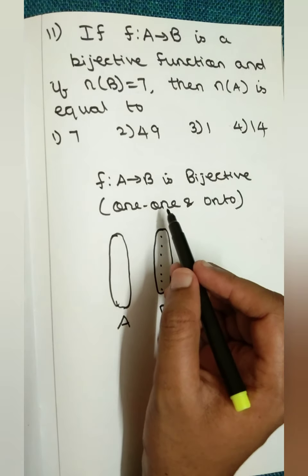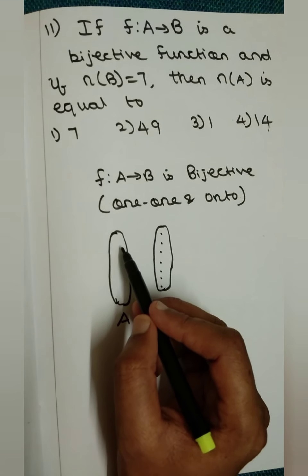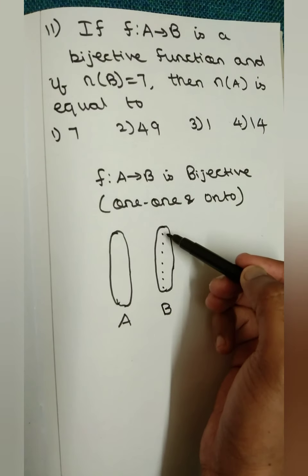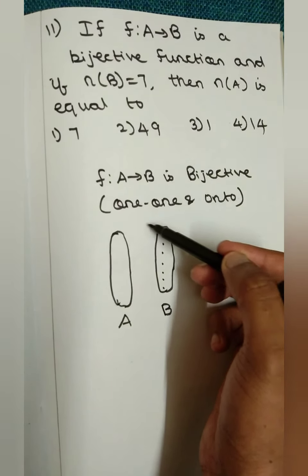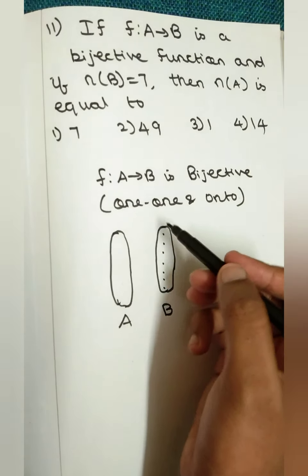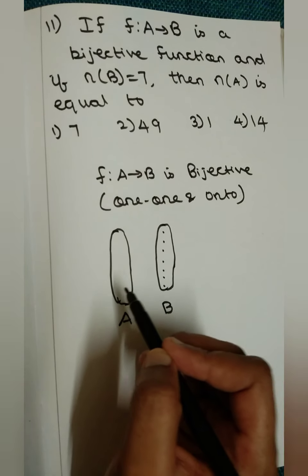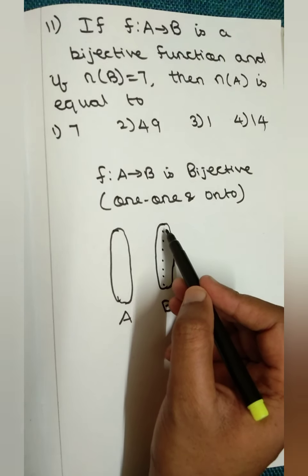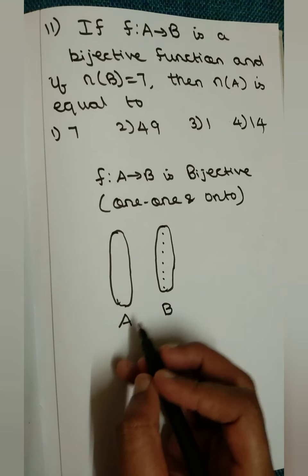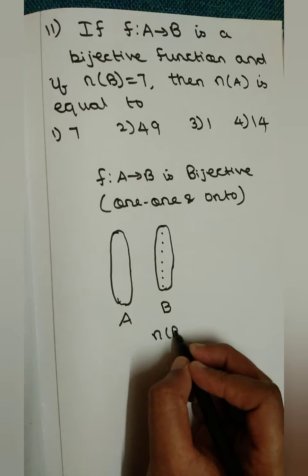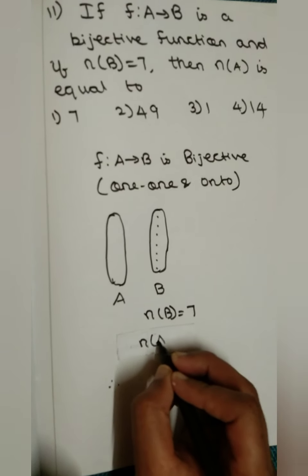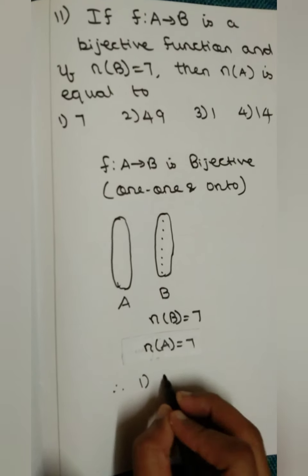One-one function means every element in A must have a unique image in B. Similarly, B has unique pre-images. Here there are 7 elements, so A also contains 7 elements. Then only it maps to a single pre-image. So n of B equals 7, so n of A equals 7. My option 1 is correct.